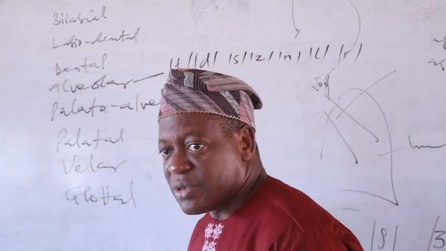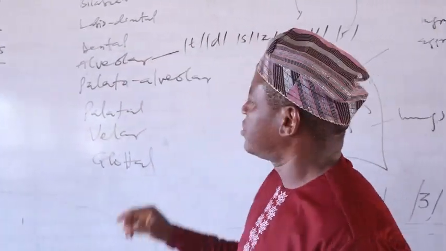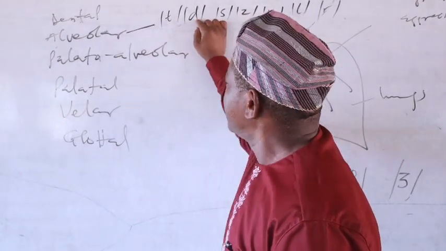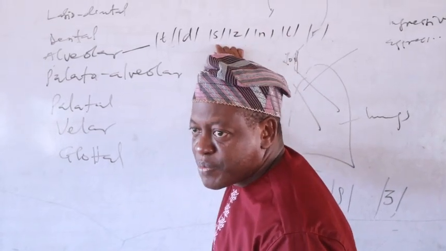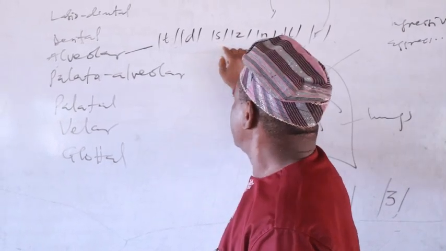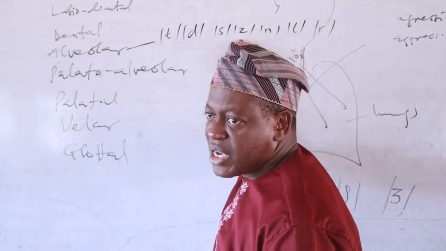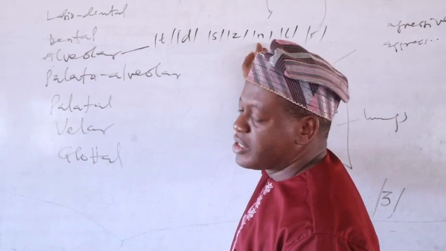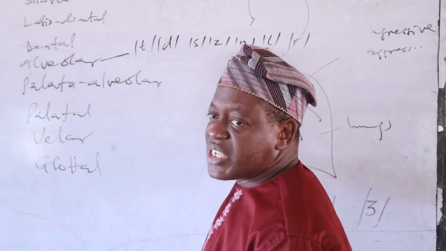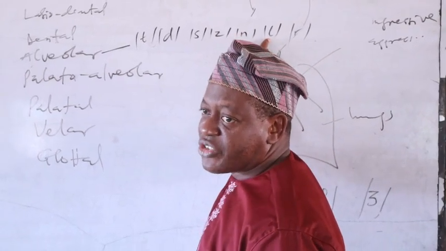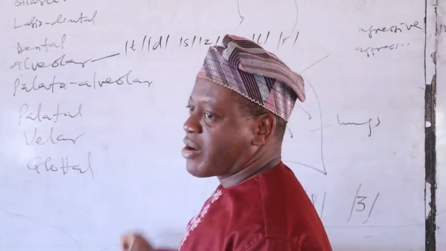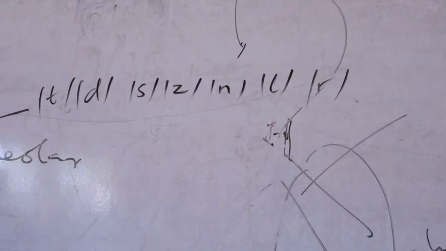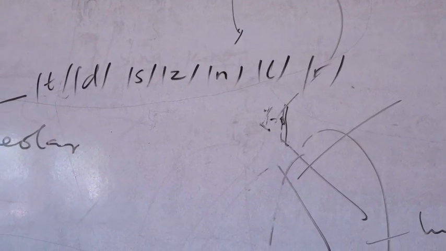Treble, tennis, tonic, D, bad, pad, stop, center, press, Z, news, boys, knee, knock, neck, no, L, principal, late, lateral, R, rhyme, rest, rhythm, etc. So those seven sounds are called alveolar sounds.